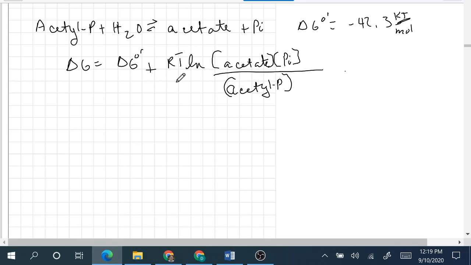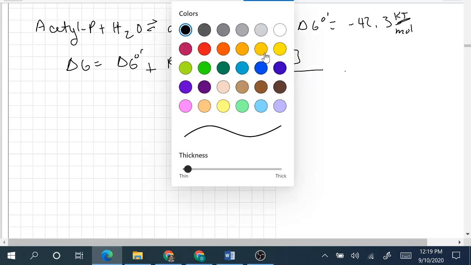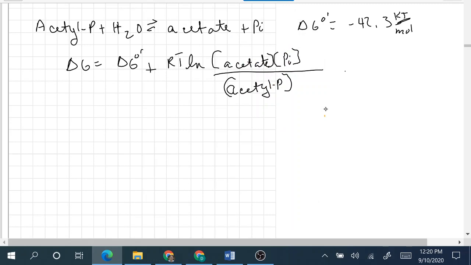Alright, and so we know from this equation, let me just change colors here because I wrote this kind of close together. Our acetyl phosphate concentration at the beginning is 3 nanomolar, and then we don't care about the water. The acetate concentration is 2 millimolar, and the inorganic phosphate is, it's supposed to be millimolar, isn't it?